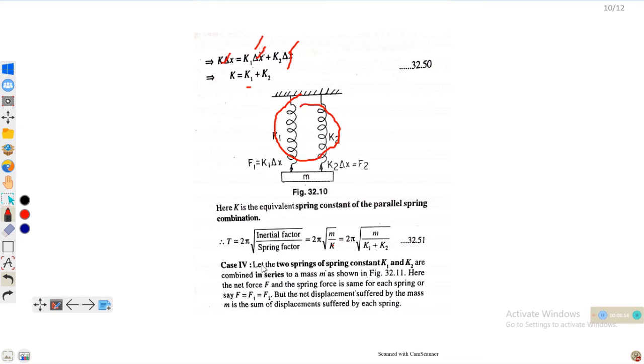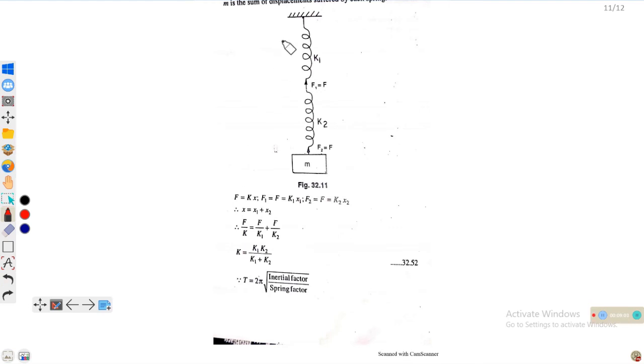In the fourth case, if we have a two-spring system in series, we can solve for our expression for the effective spring constant. We have k1 and k2, both connected in series.